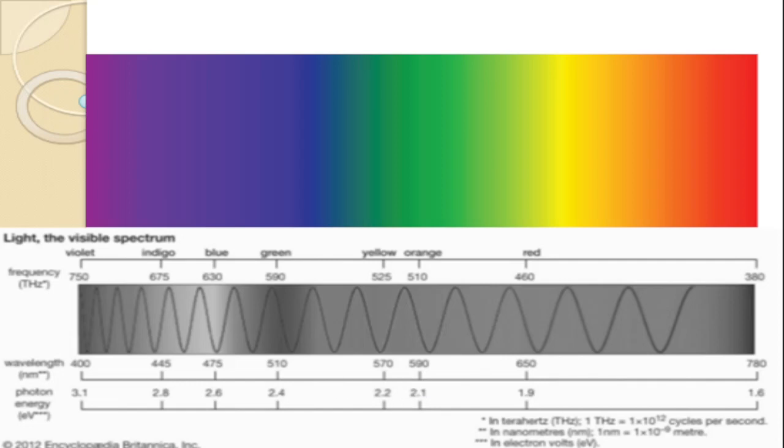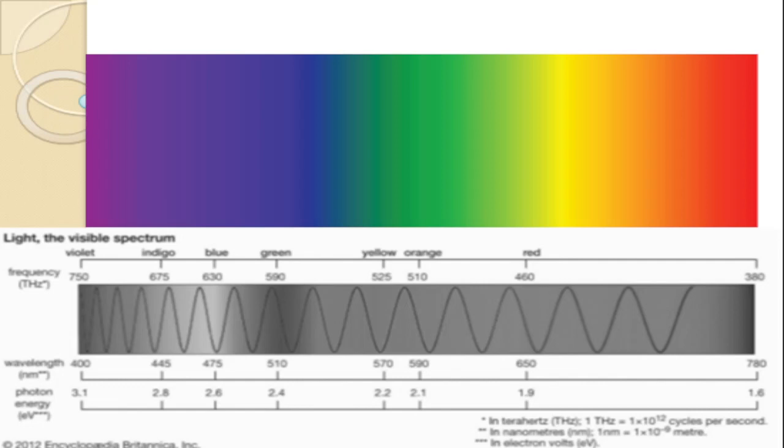The photon energy signifies the energy level or the energy capacity of each color. By looking at this one, we can say that among the 7 different colors, violet has the highest energy. Take a look at the frequency, the wavelength, and the energy.